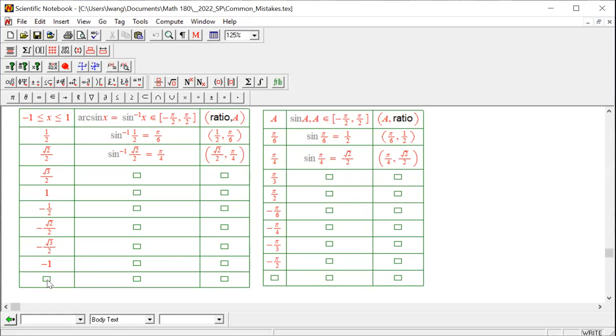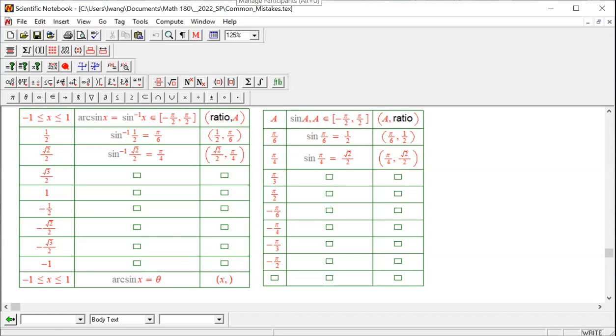And in general, if you have any x between -1 and +1, right? And arcsine x equals theta, right? So this will be the general notation.